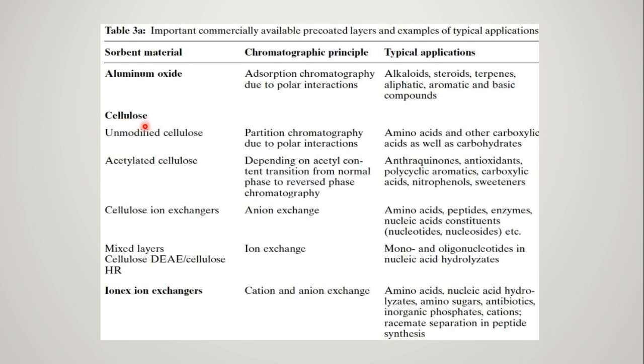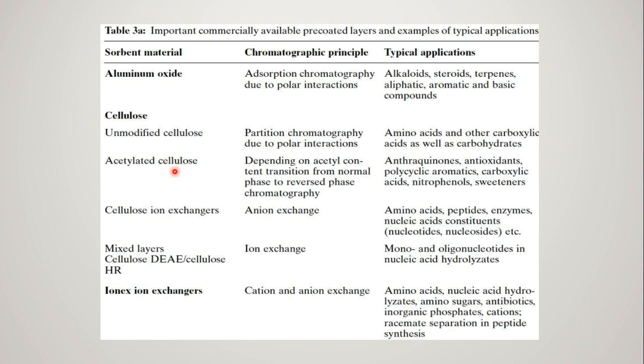If we use cellulose, then unmodified cellulose, acetylated cellulose, cellulose ion exchangers, and mixed layers can be used. In unmodified cellulose, generally partition takes place, and amino acids and carboxylic acids, which are polar in nature, can easily be separated using this partition chromatography, where the water molecules present inside the pores of the cellulose fibers work as a stationary phase.